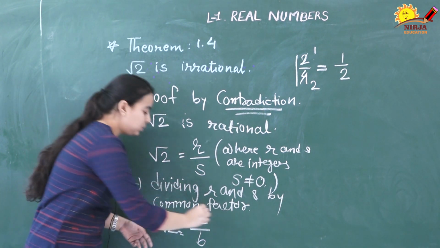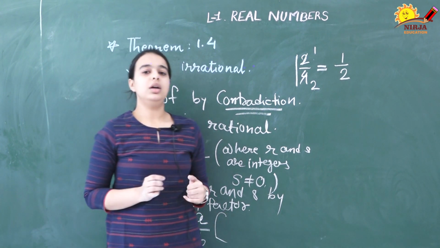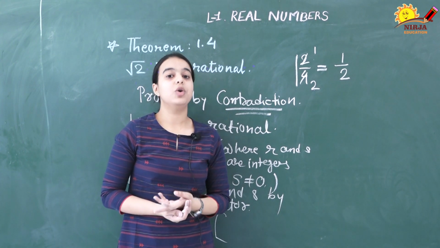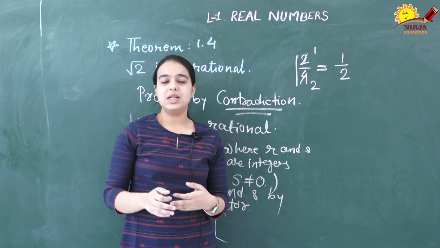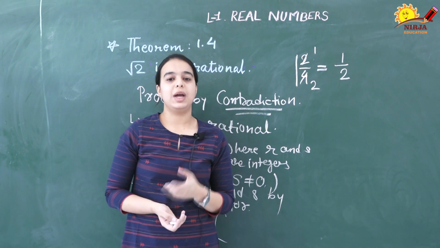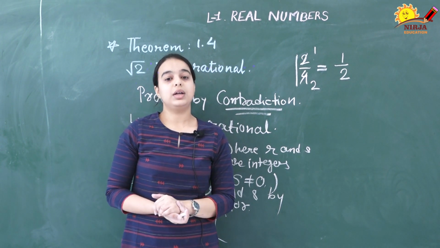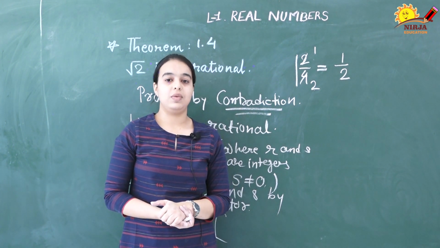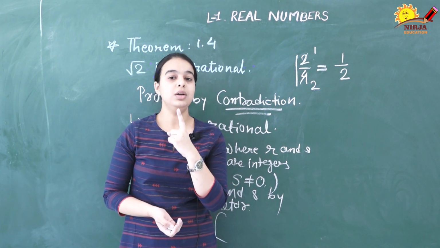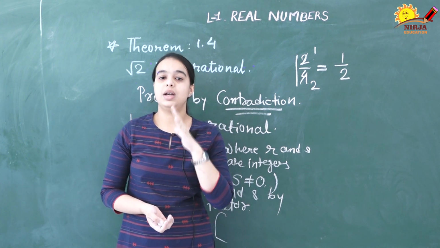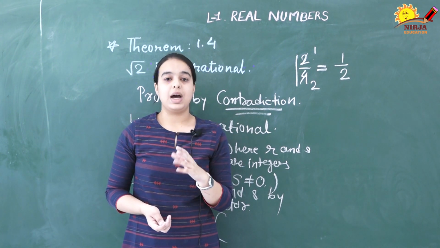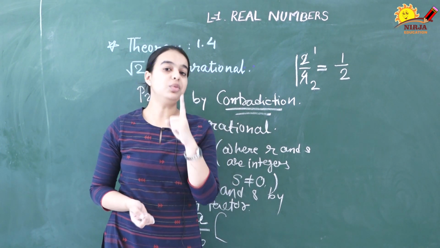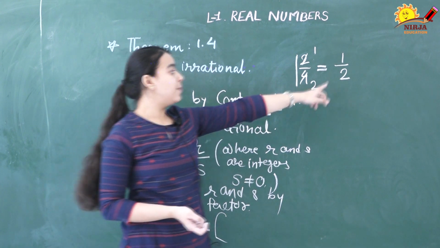But here there is a small concept about co-prime numbers. I hope you all know what co-prime numbers are, but still I am telling you what they mean. A pair of numbers is co-prime if they do not have any common factor other than 1. For example, 1 by 2.